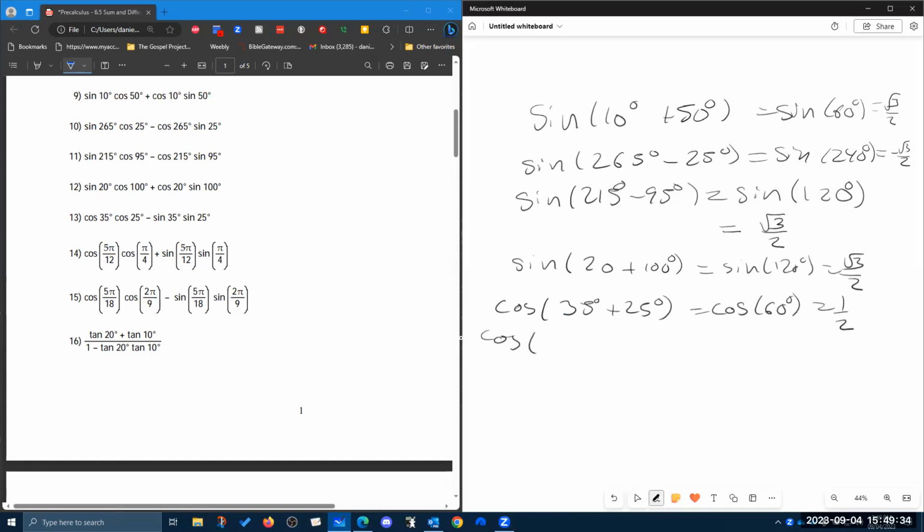Cosine of 5 pi over 12 minus pi over 4. We're going to multiply by 3 over 3 to convert that to 12ths. It's cosine of 2 pi over 12, which is cosine of pi over 6. That's 30 degrees. Cosine of pi over 6 is root 3 over 2.